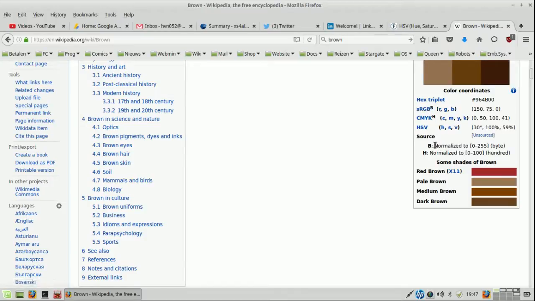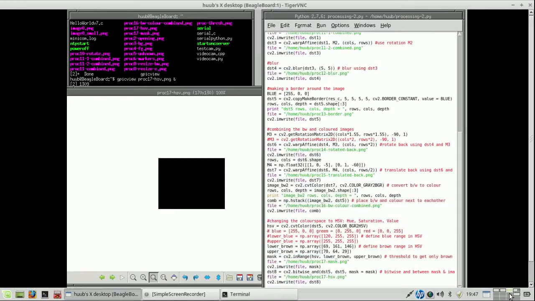And here it says that RGB is normalized to 0 to 255, which is a byte. And CMYK is normalized to 100, but I'm not using that, I'm using BGR, which I assume is also normalized to a byte. So that is quite interesting.